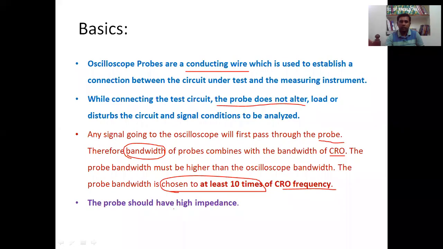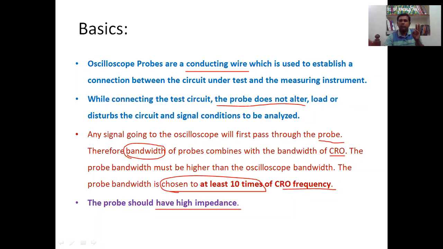And the probe should have high input impedance, to avoid loading effect problems and to avoid altering the actual circuit output. So these are the first basic things. First, a CRO probe is a conducting wire.